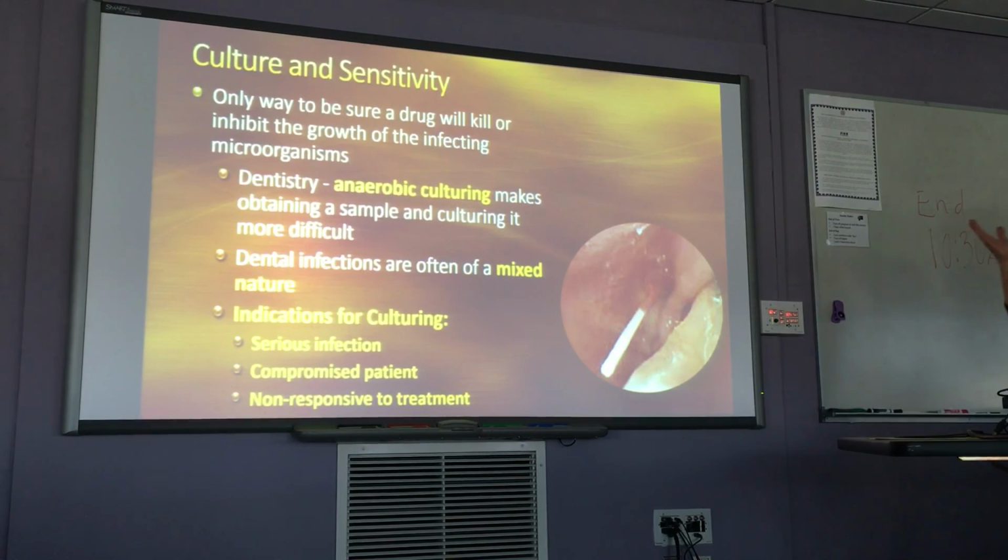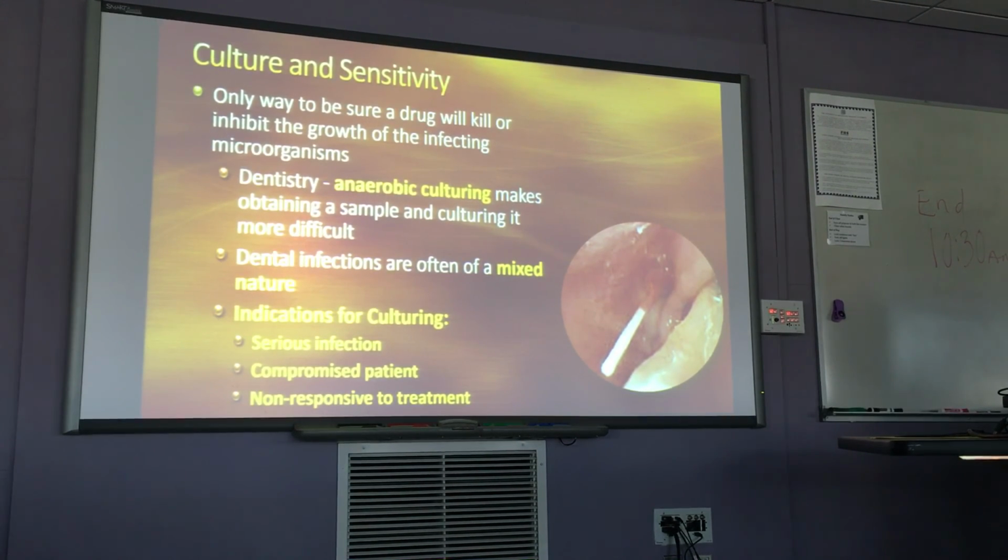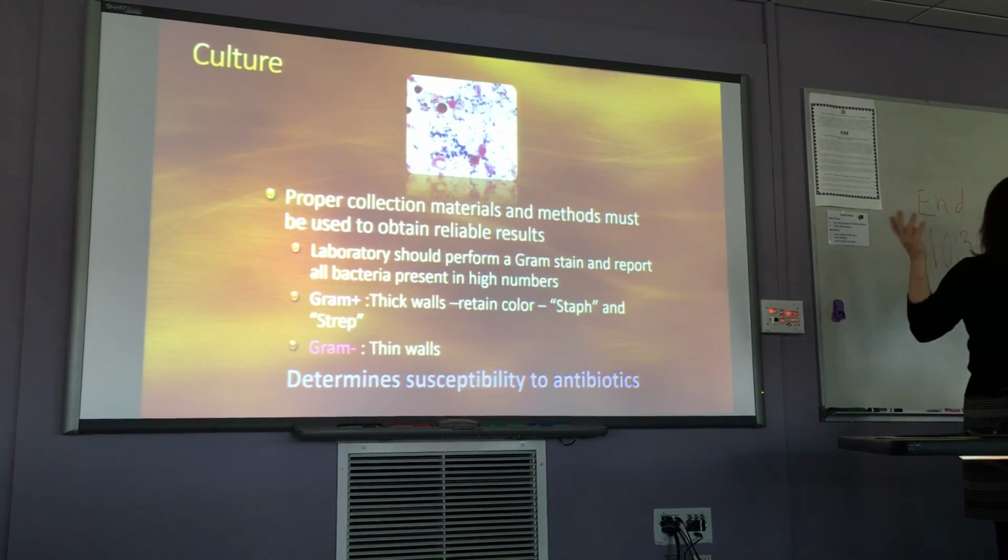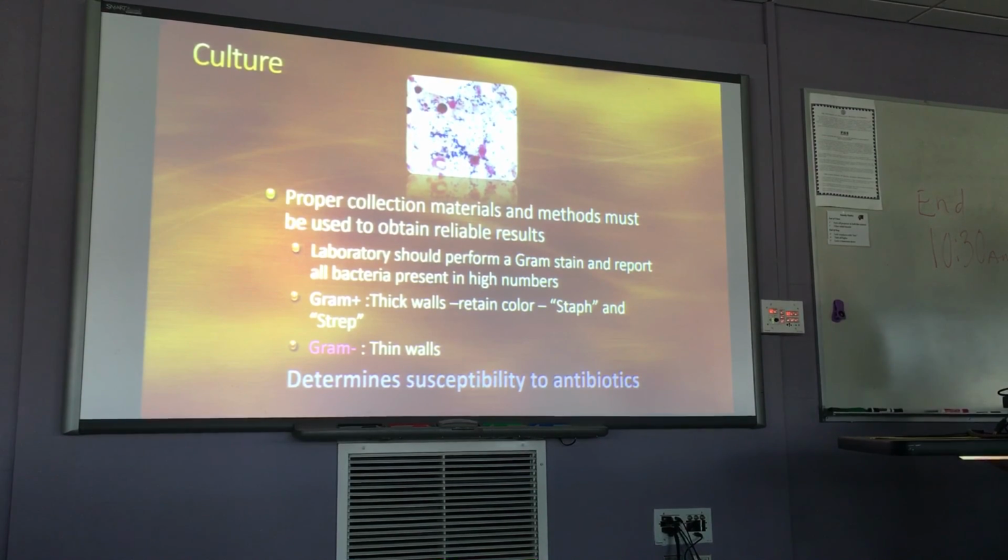Indications for that would be serious infection, a patient who's compromised, so we can put the right drug in place, or if that person has been non-responsive to treatment, we may culture so that we can then be much more effective in what we're doing. Collecting the bacteria must be done in a very reliable way in order to get good results.